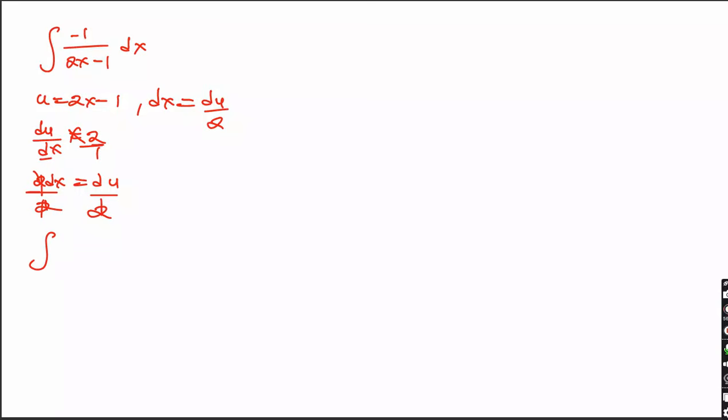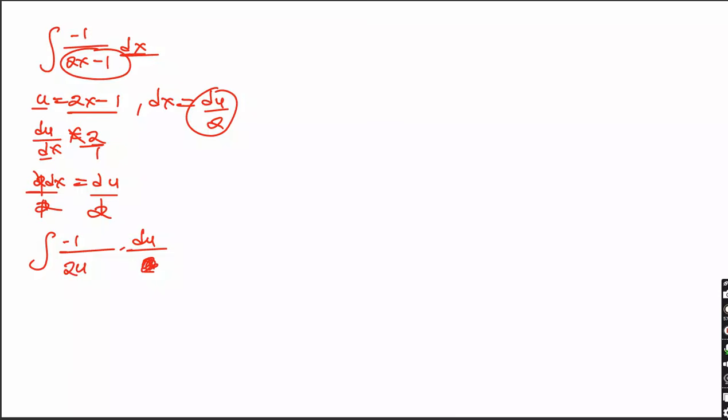Okay, now let's replace. What do we have? We have -1, then we have u because it is just equal to that. Then while there is dx, we are going to put du over 2. This of course can be simplified because we can put our 2 here, and we're going to have 2u.